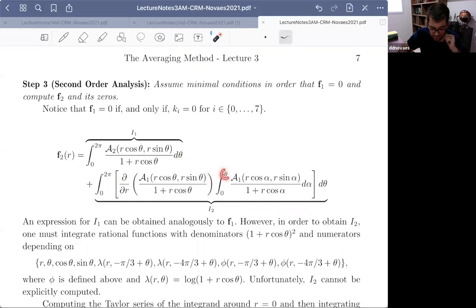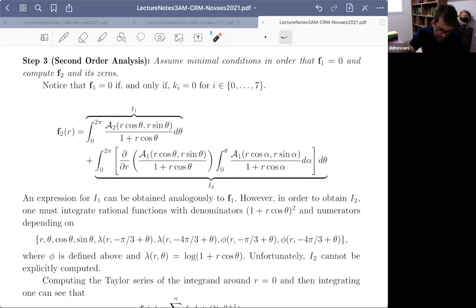Okay, here we do not have 2π, here it's a function. And multiply this by this integral. Then the denominator is 1 plus r cosine theta square of the sum, and the numerator appears functions like this. In particular, we have r theta cosine sin lambda.